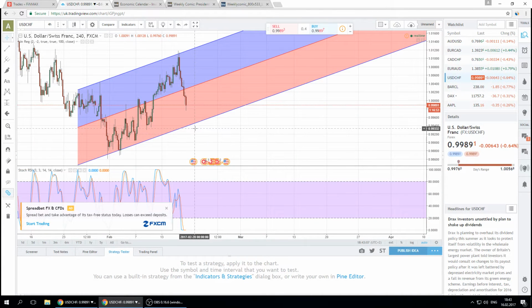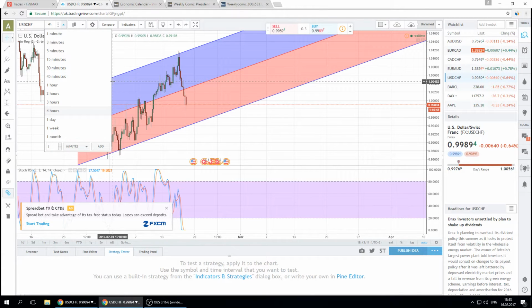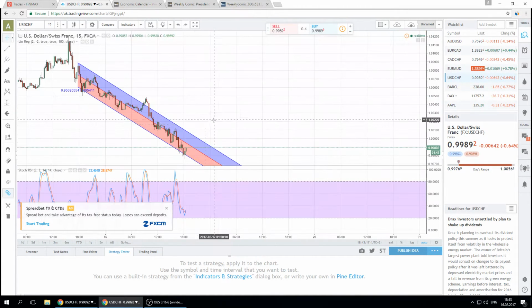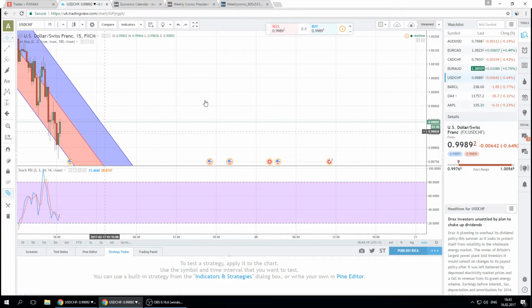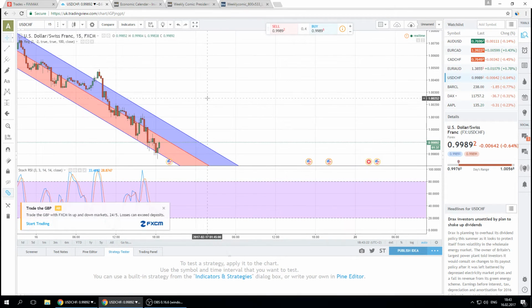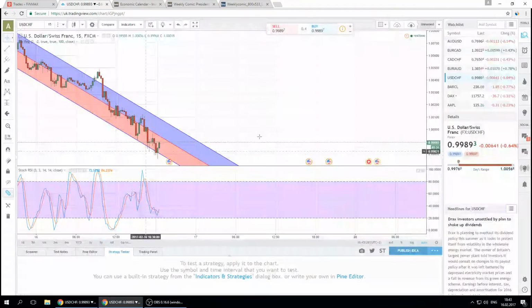Also you see that the American dollar was falling today against most currencies ahead of Donald Trump's speech. That's pretty interesting. If we look at the shorter time frames, we also see that it has pretty good potential for going up.